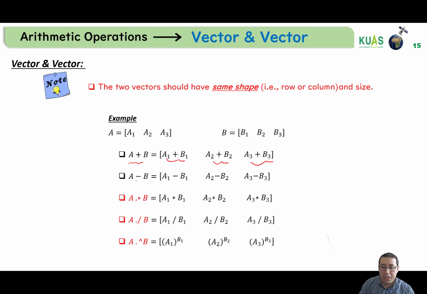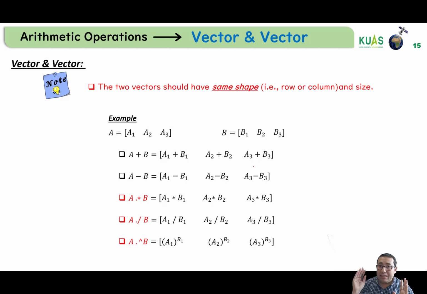And similarly, if we say A minus B, it will be A1 minus B1, A2 minus B2, A3 minus B3. So it's element by element wise. The first element here with the first element here, the second element here with the second element here, the third element here with the third element here.